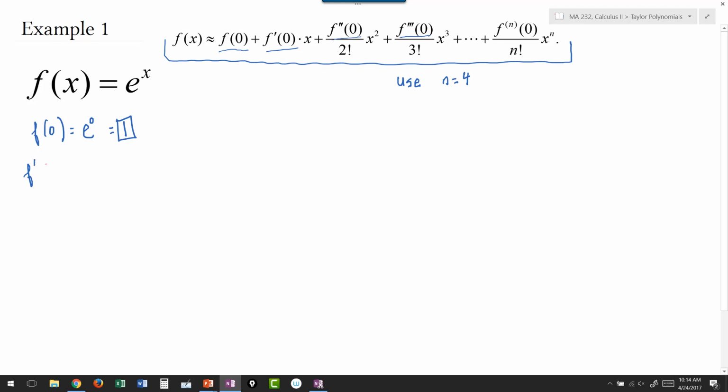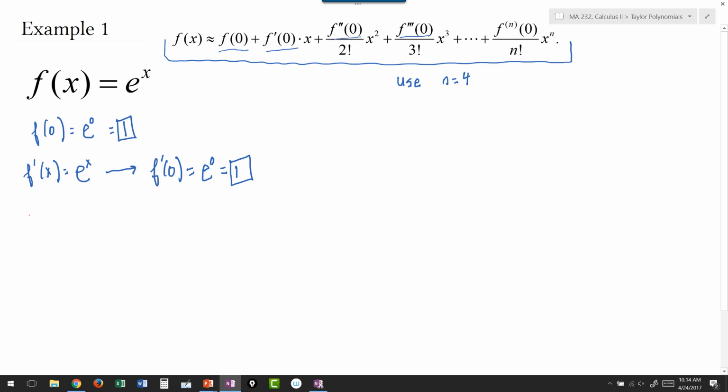Next up, we need f prime of 0. So first we find f prime of x. F prime of x is the derivative of the exponential, but the derivative of the exponential is just itself. So f prime of 0 is also e to the 0, and so that's equal to 1 as well.